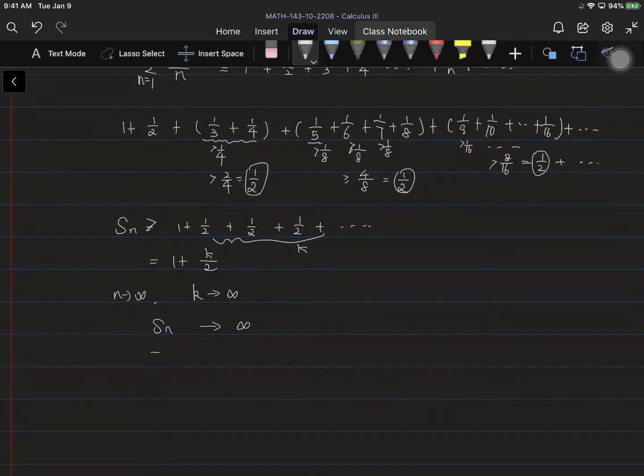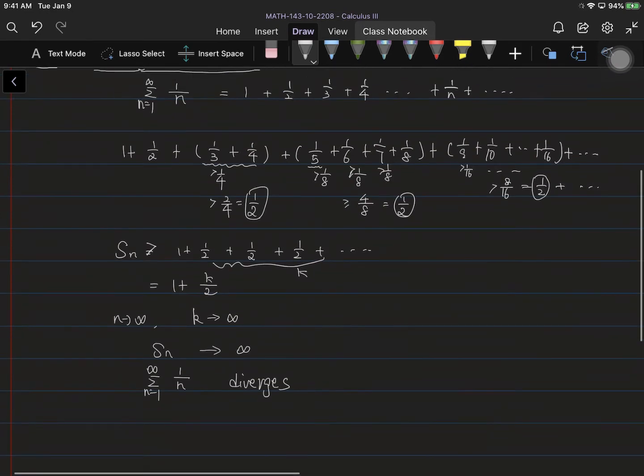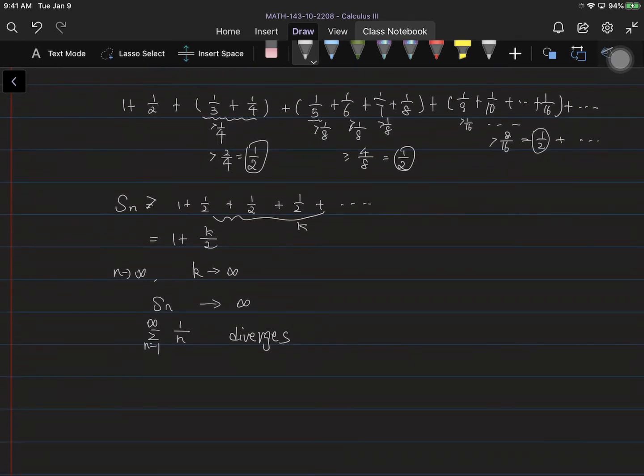So we can come to the conclusion: the harmonic series diverges. You don't need to know the proof here; I just show you the reason. In the future, we are not going to use this way. We can just remember that the harmonic series always diverges.